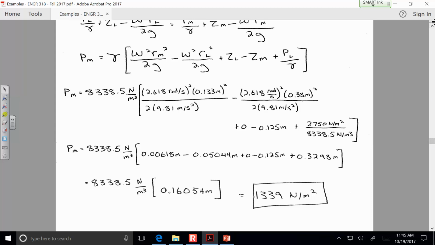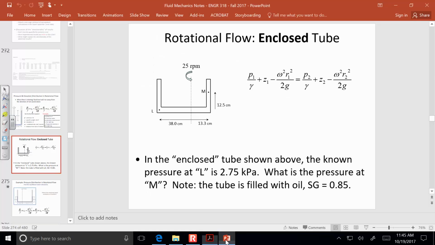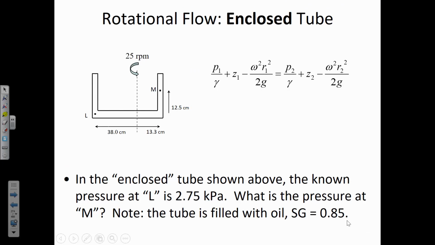Let's play some what-if games. Those are always fun, right? All right, so what if we made the right leg longer? What would happen to the pressure at M? It would increase, right?